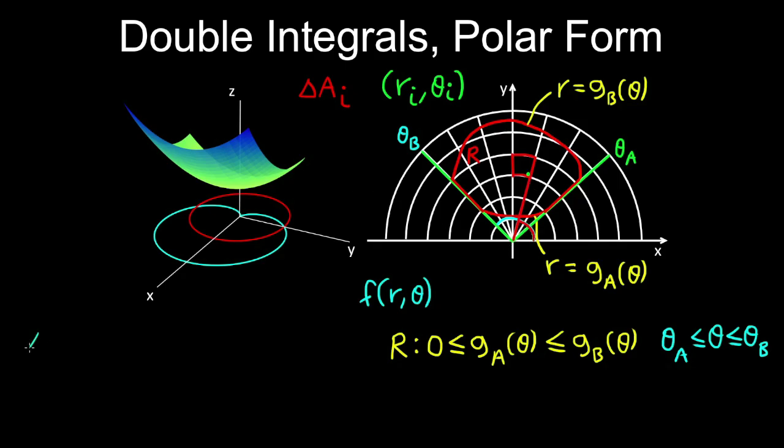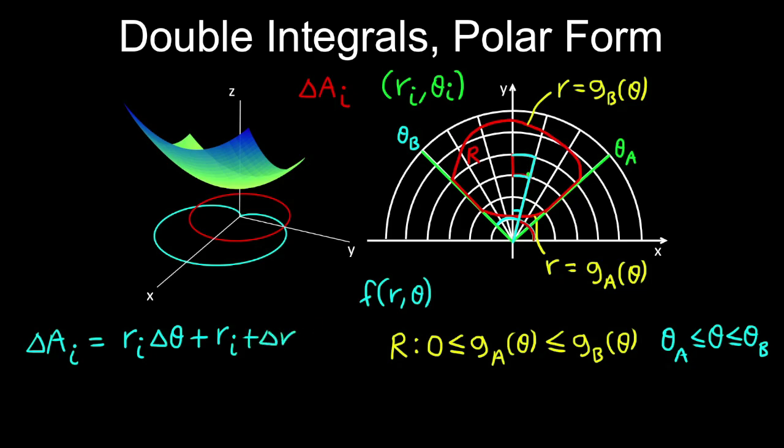So we can approximate the area of this polar rectangle as a trapezium. So the length of this side is approximately this distance given by r i multiplied by delta theta, and then plus the length of this side, which is r i plus delta r.